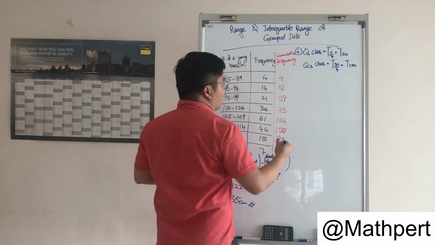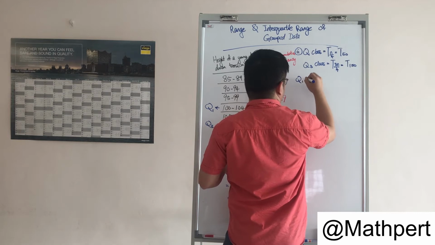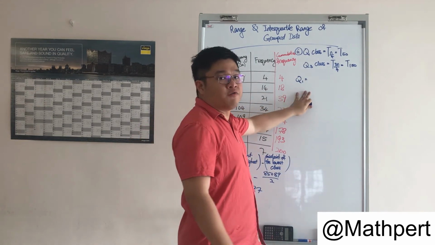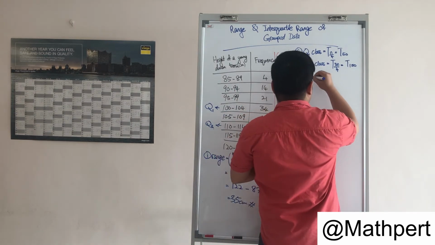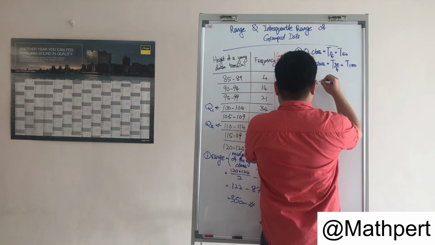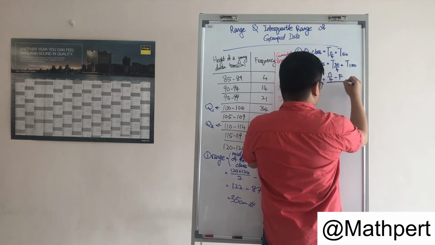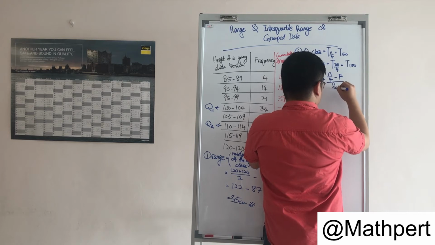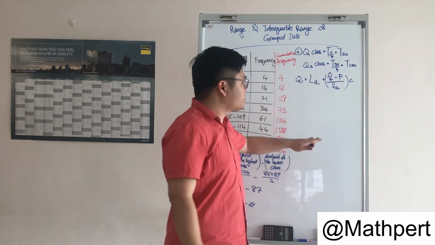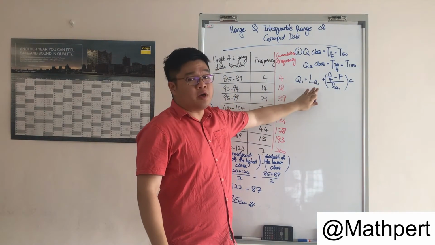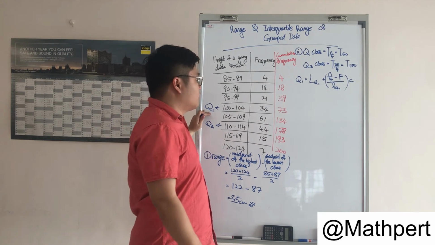Now let's look for Q1. What is the formula for the first quartile? It will be LQ1 plus (n over 4 minus F) over FQ1, multiplied by C. LQ1 is the lower boundary of the Q1 class.